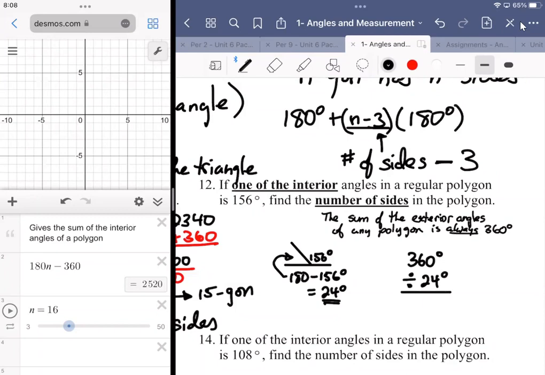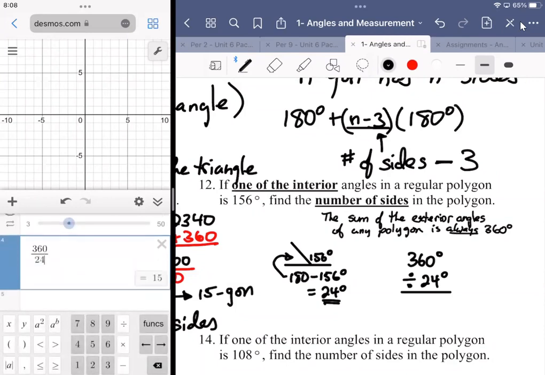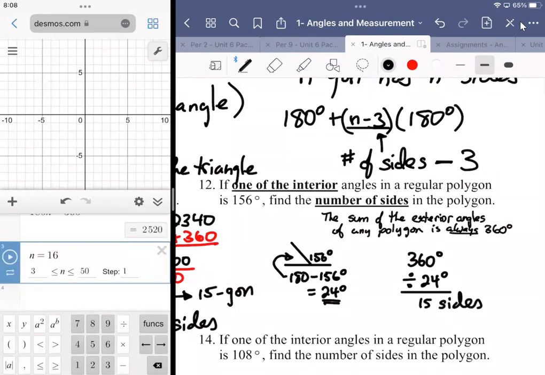And that would give us the number of sides, right? So 360 divided by 24 would give you 15 sides. So 15 sides.